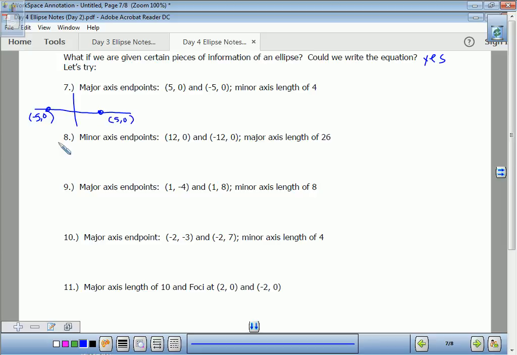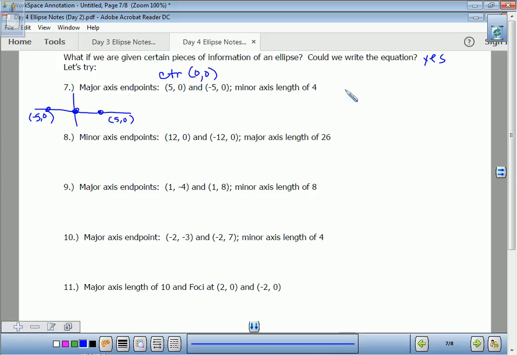So if I give you any of those, the endpoints of the major, the endpoints of the minor, or the two foci, the center is halfway between. Isn't that midpoint? Okay, I don't even need that formula right now because I can tell it's right there. I can tell, given this information, that the center is at the point 0, 0.